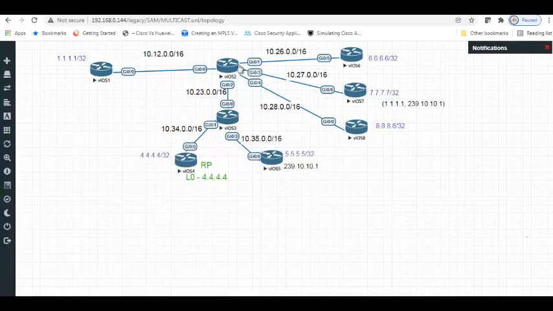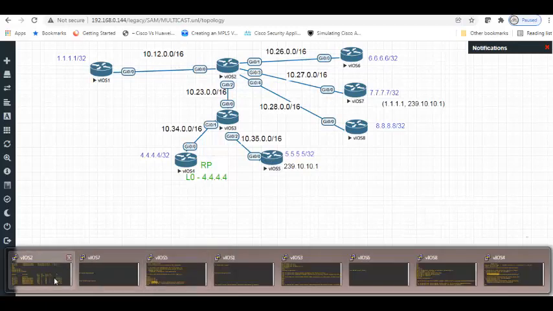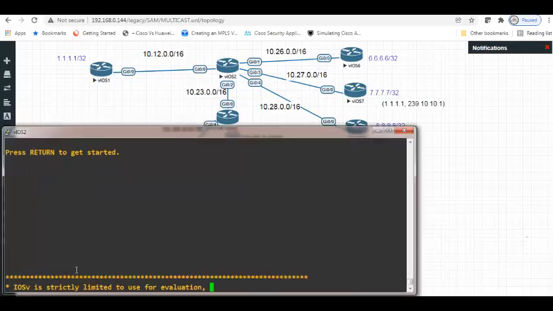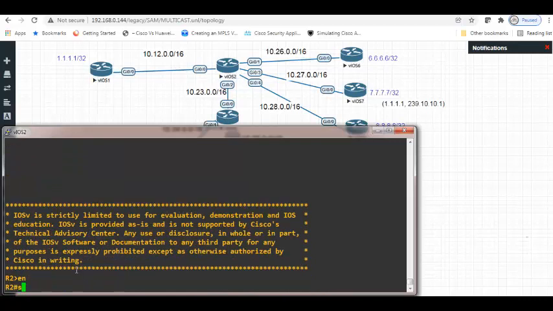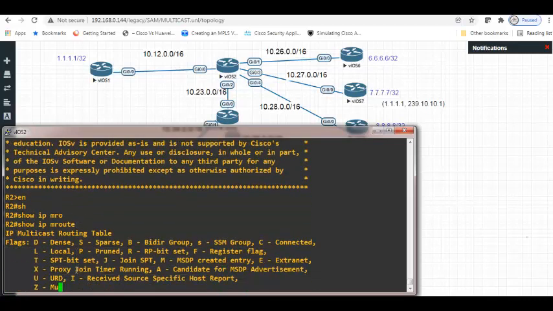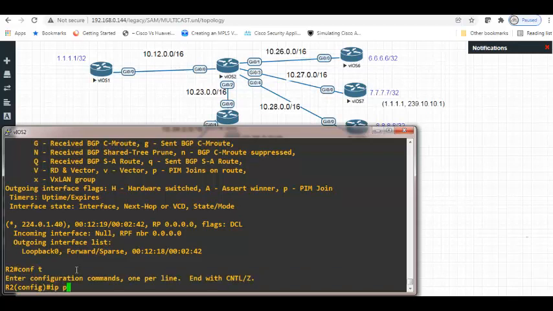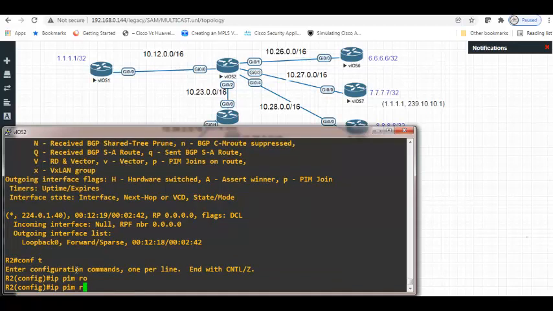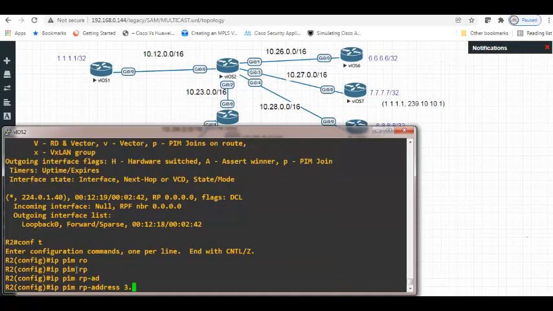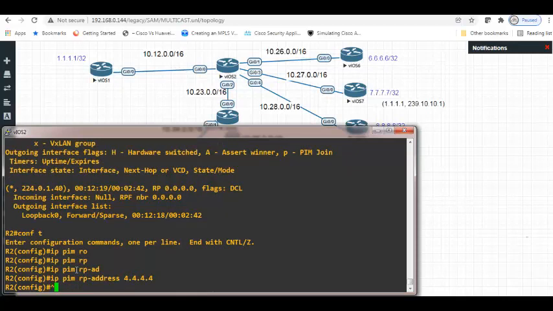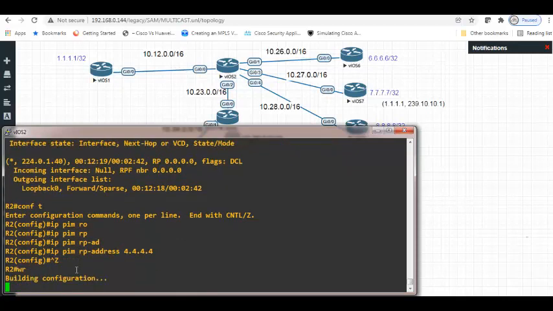But R2 has got no idea about this. On R2, show IP mroute. No idea about anyone. No 239, nothing, because this doesn't know about RP. But as soon as I put RP, see what happens. IP PIM RP address. Sorry, 4.4.4.4. Now R2 knows that.